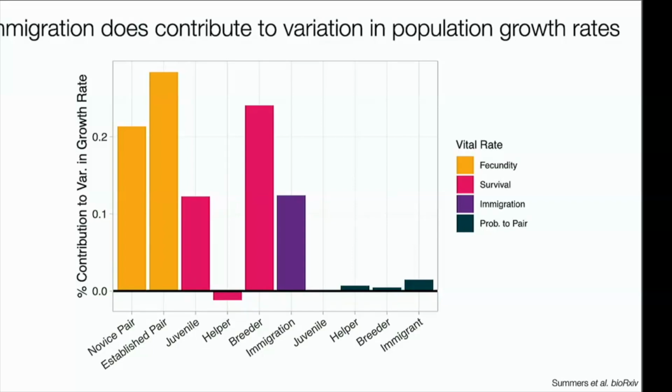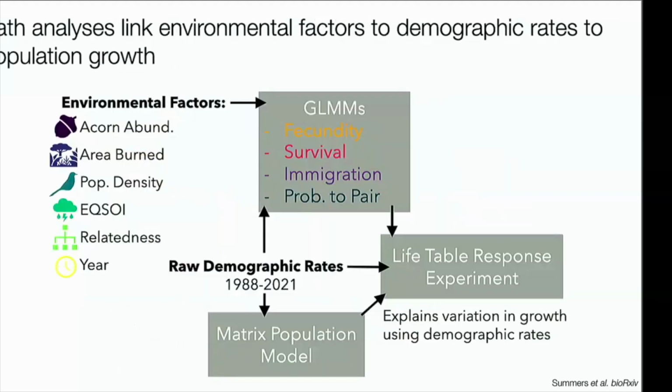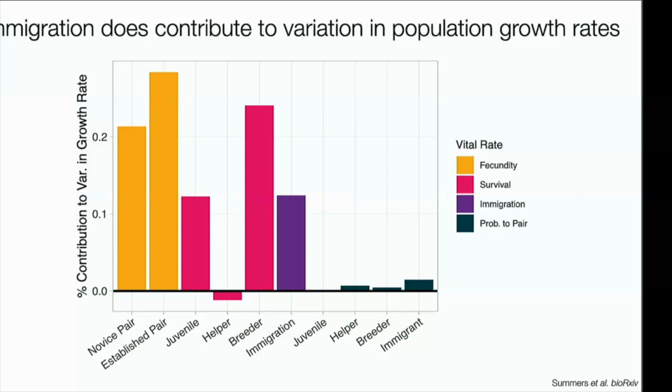Immigration, as the proportion of new individuals appearing in the population, is shown in purple. So immigration contributes like 12%.